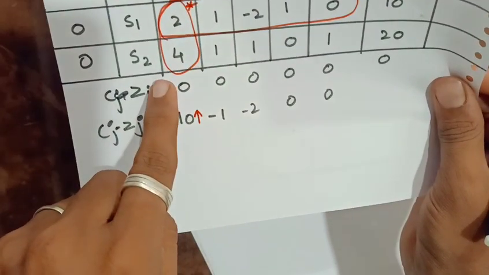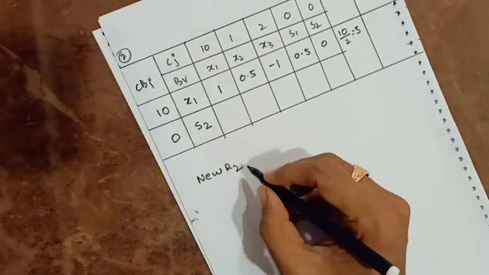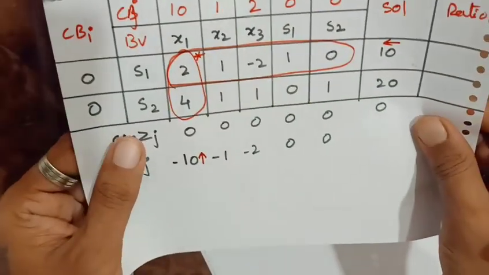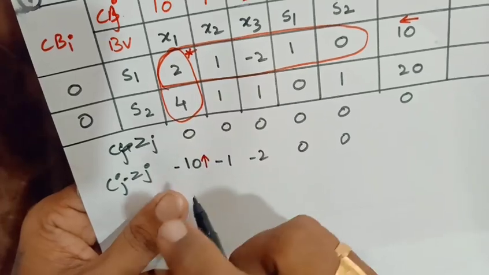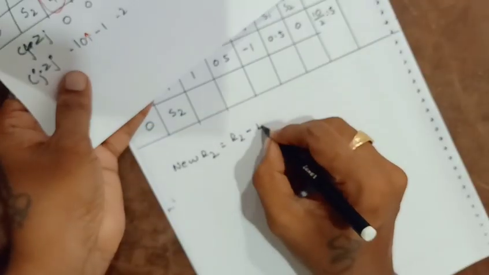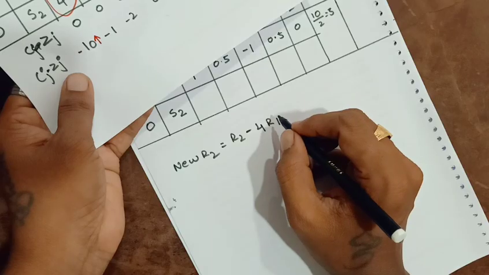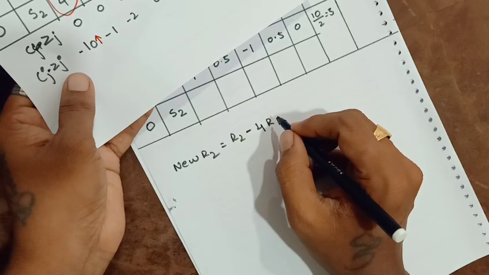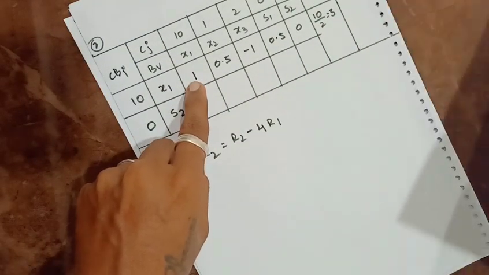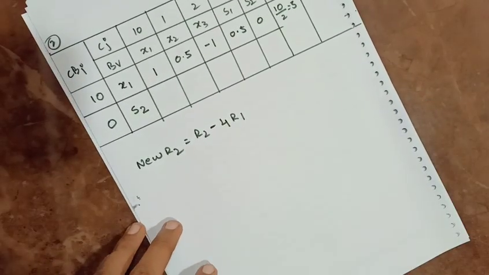So in the old row 2, see R2, that is R2 minus, see here what do we have? Pivot element 4. So R2 minus 4 into R1. R1 is row 1, or you can take new row 1. So here this is the new row 1. So let me solve for you for better understanding.